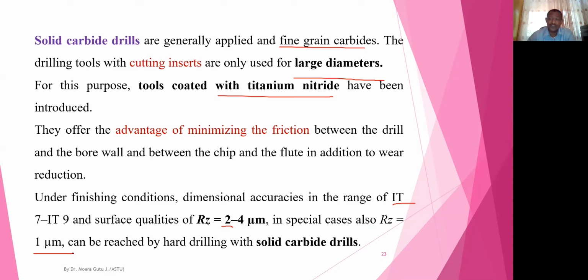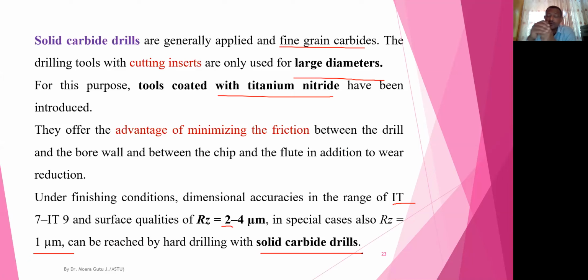In machining, if you get a smooth surface, either in turning, drilling, or milling, wear resistant and corrosion resistant surfaces can develop, because the capability of the tool materials will determine the level of the machined surface finish, achieved by hard drilling with solid carbide drills.